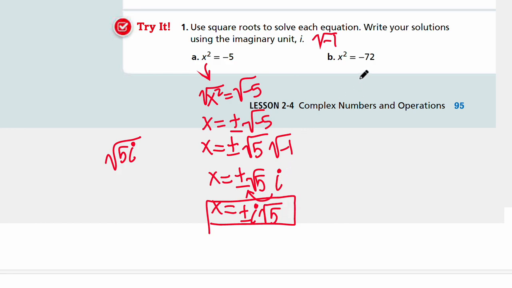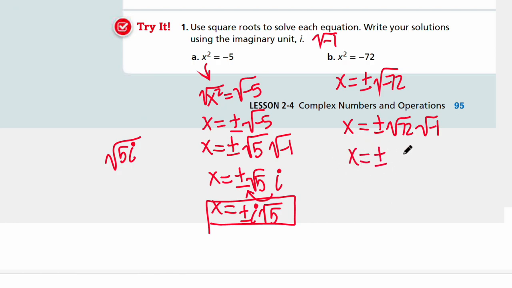Okay, part B, you're going to use the same way. x is going to be plus or minus the square root of -72. And that's going to be plus or minus the square root of 72 times the square root of -1. And this one we can factor out, right? In this case, we can factor out using perfect squares.